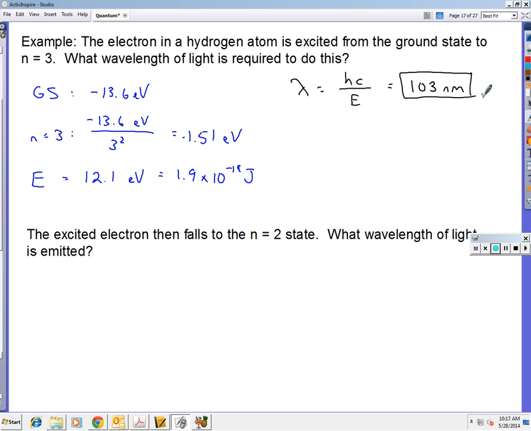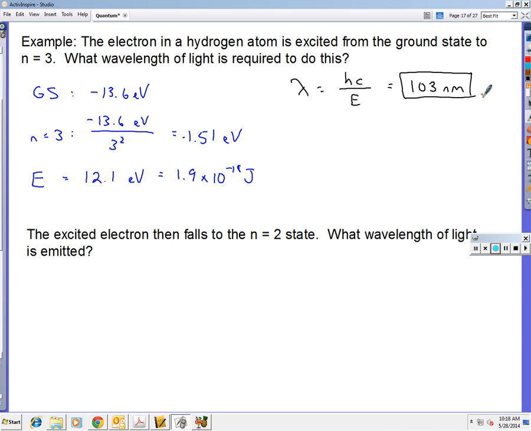Remember, because it's excited from low energy to high energy, that means it's absorbing a photon. Then if it falls to the n equals 2 state, it will emit a photon. I'm not going to calculate that for you. You should do that on your own.